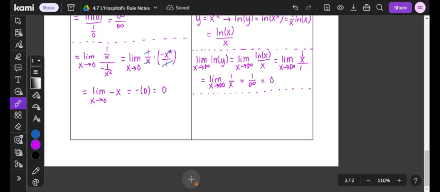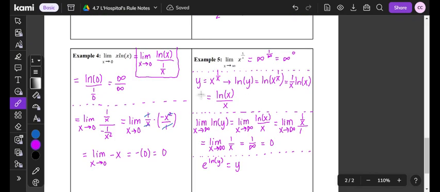I know that e to the natural log of y power is equal to just y, because e and natural log are inverse operations, so they just cancel each other out. So this is a true statement, which means if I take the limit of this, then it's the same as taking the limit of this, which is what I want to do. I want to take the limit of y because y is equal to my original function.